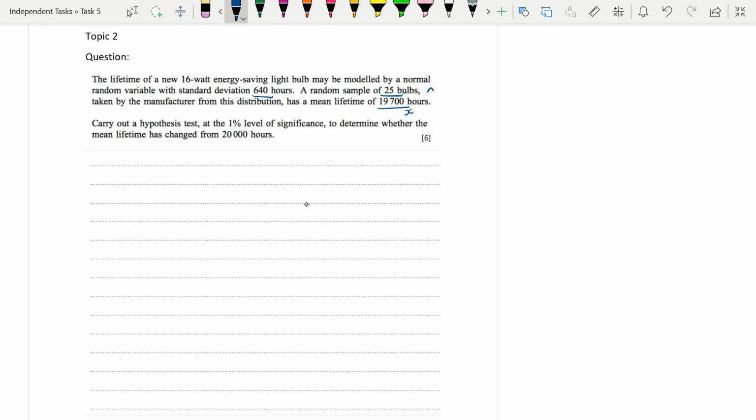the mean life is found to be this. This is my observed, or my x bar. Okay, I want a 1% significance level to see whether it's changed from 20,000. So that's my current mu. So my first thing is going to be let x be the lifetime of a new 16 watt light bulb.